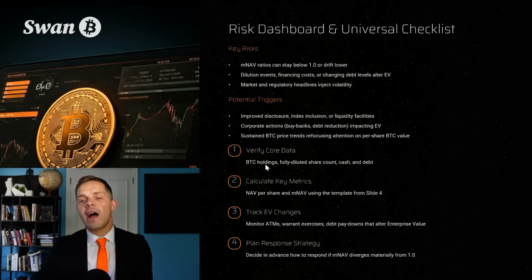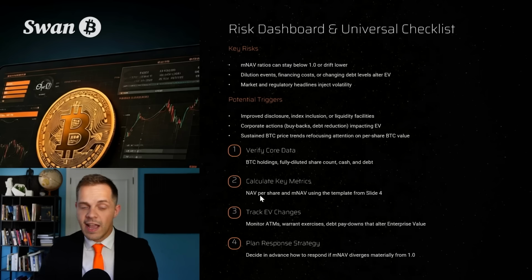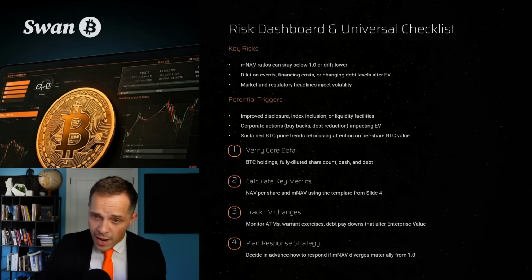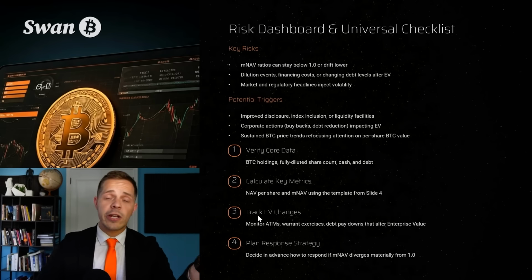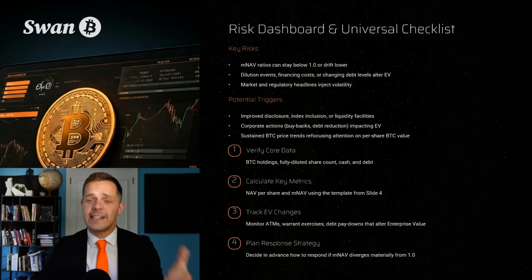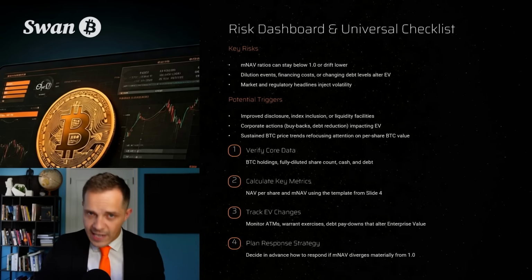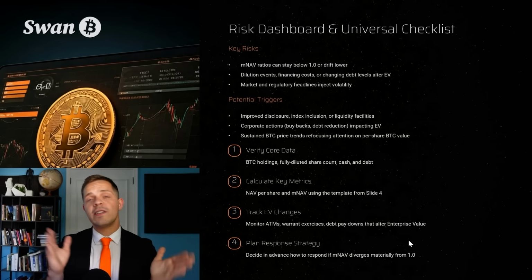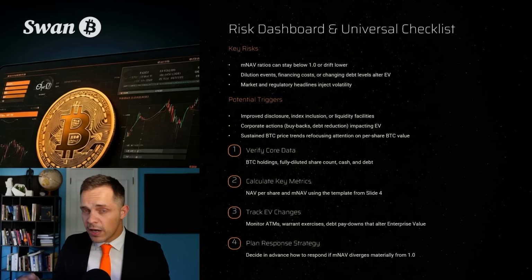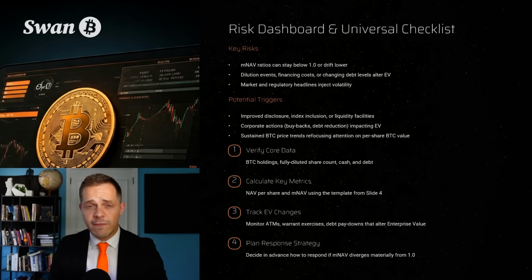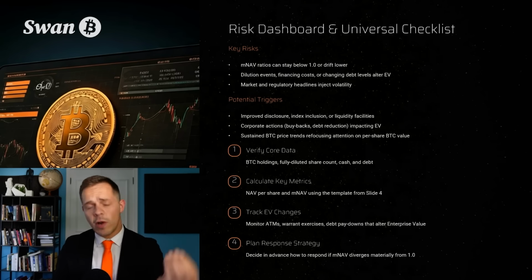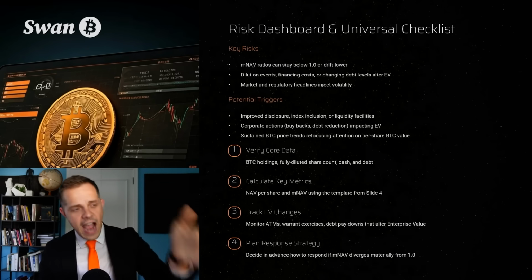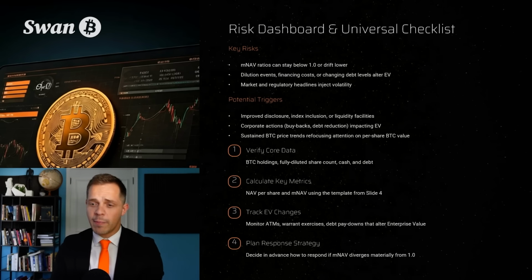So if you verify the 6 inputs that we outlined, and if you recalculate the NAV per share and the M-NAV every time new data drops, you can timestamp everything. Then you can track the share count mechanics via ATMs, warrants, convertibles, or vesting schedules. And then you get to set your predefined guardrails for how you'll respond if the M-NAV diverges materially from 1.0, either up or down. So by sticking to the same 6 numbers and the same formulas, you avoid the narrative drift and see exactly how the market prices each company's Bitcoin stack.